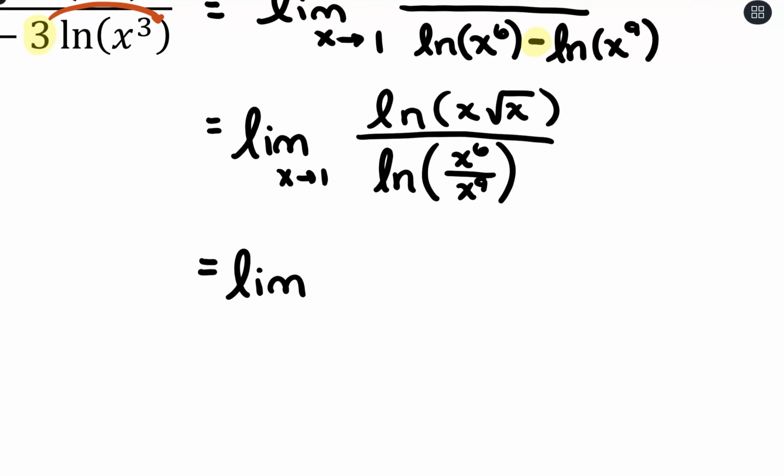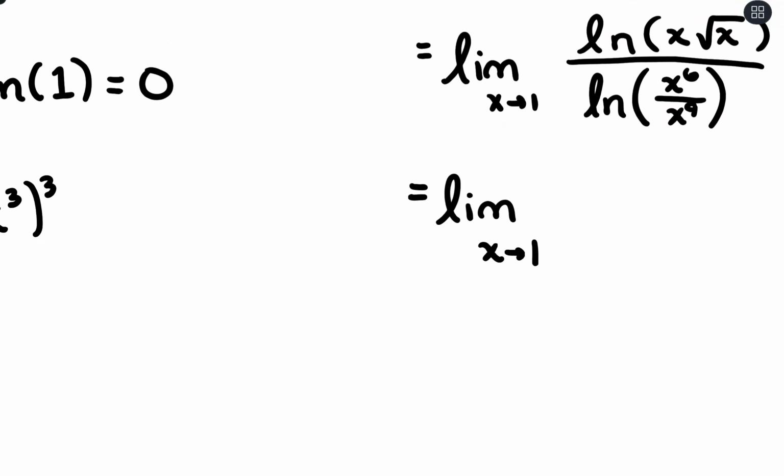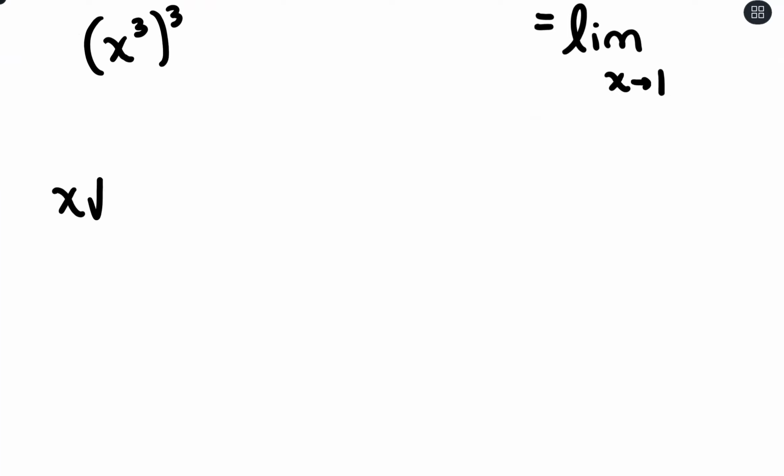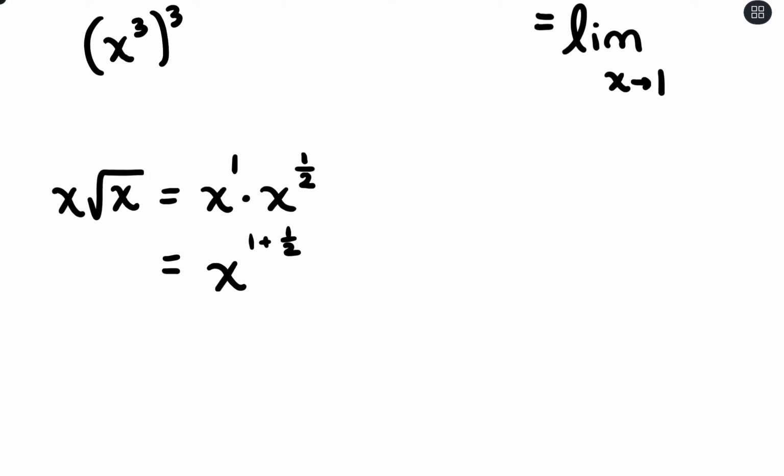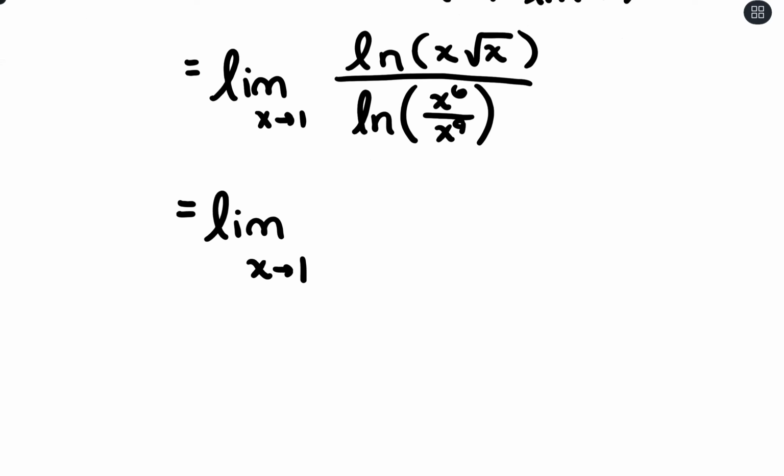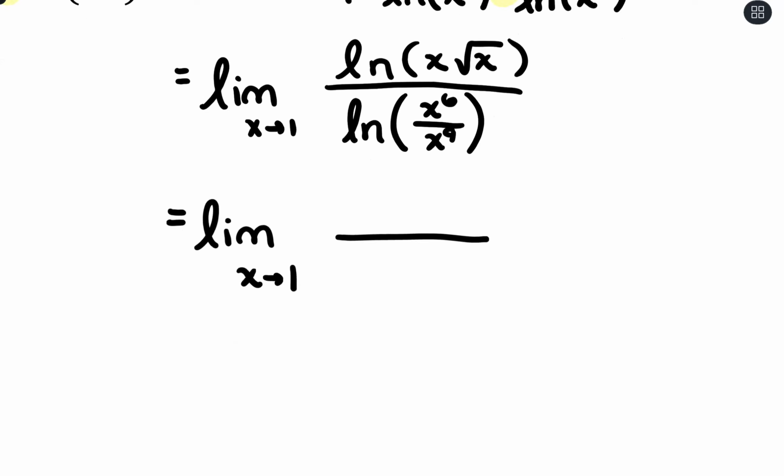Okay, in the numerator, what I want to do is simplify that expression x times root x. So this is the same as x times x to the 1/2. So I have x to the power of 1 times x to the 1/2, and our exponent property says we can combine those by adding the exponents together. So that's really the same thing as x to the 3/2. So what I have up there is the natural logarithm of x to the 3/2.